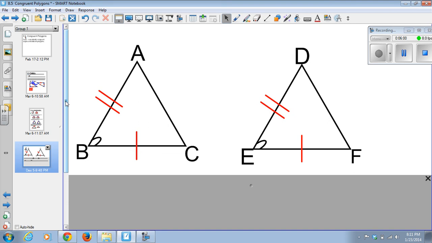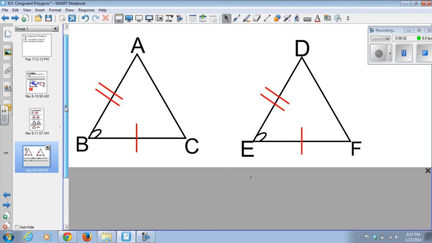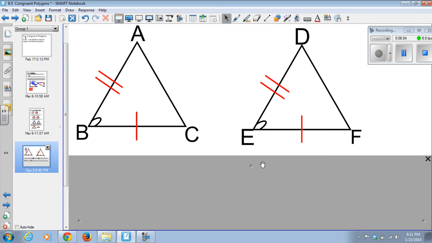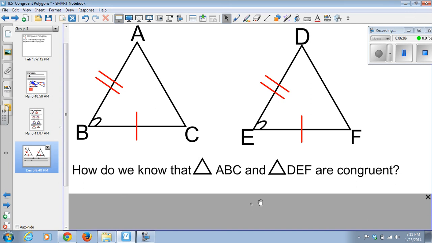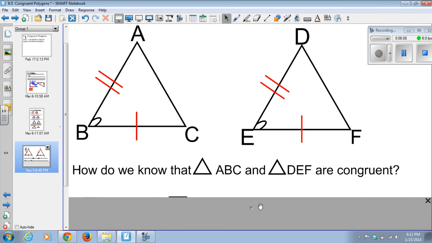So, for our final slide, we're looking at two congruent triangles. Now, how do we know that these triangles are congruent? Well, based on the drawing that's given, we see we have the sides here are congruent, the angles here are congruent, and the sides here are congruent. So we have a side, angle, side congruence.